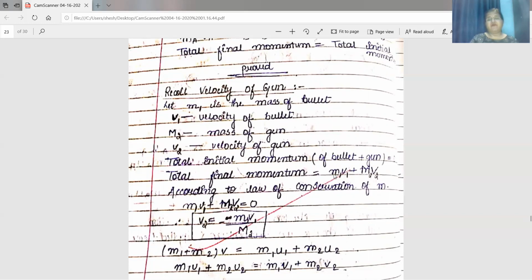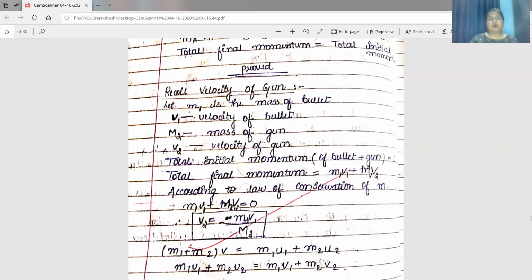So you are getting m1v1 plus m2v2. The mass of the bullet we have taken with small m, and the mass of the gun with capital M. The velocity of the bullet we have taken small v, and the velocity of the gun capital V. So according to the law of conservation of momentum, total initial momentum equals total final momentum. m1v1 plus m2v2 equals 0.